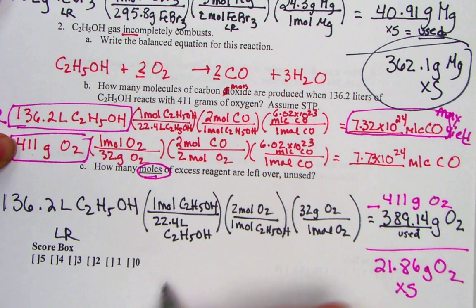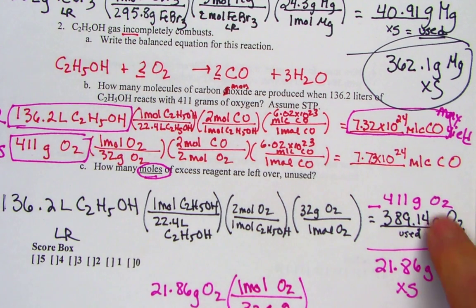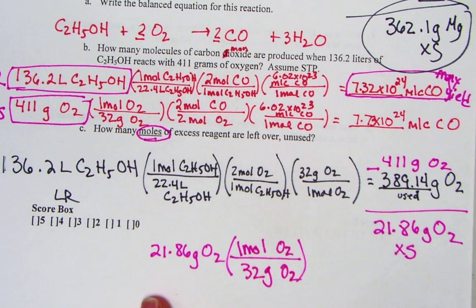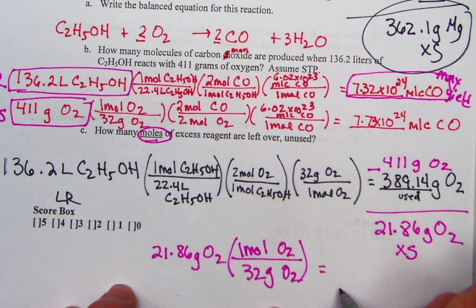So I just have one last conversion to take the grams of excess oxygen and report it out in a mole unit by using its molar mass of 32. Once I did my subtraction, I'll just convert it back into moles by dividing by its molar mass, 32. This is where I find 0.683 moles.